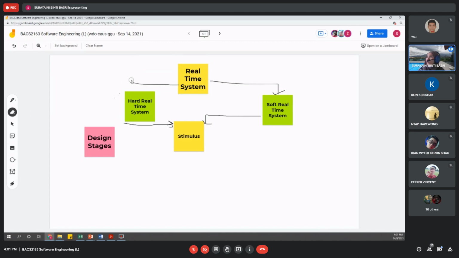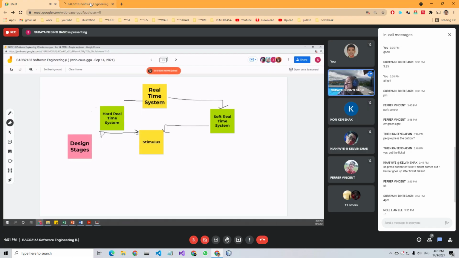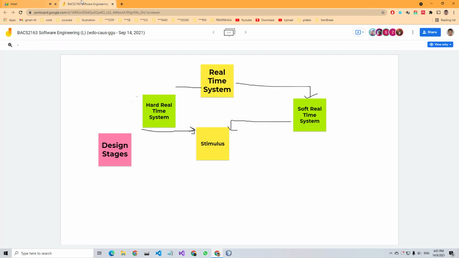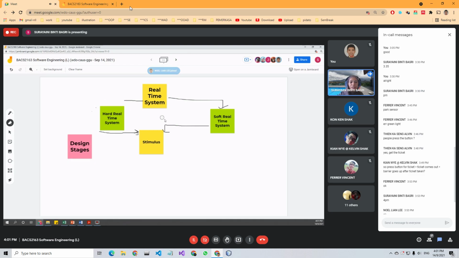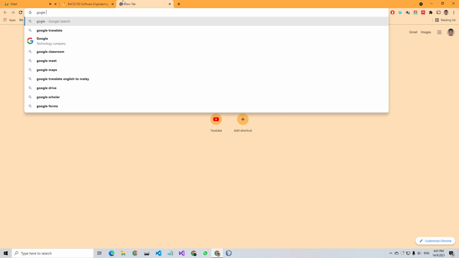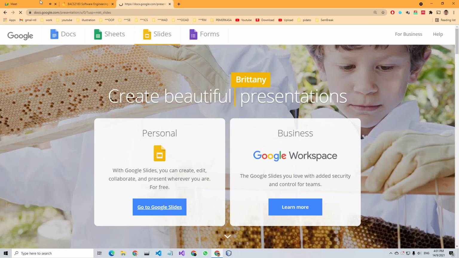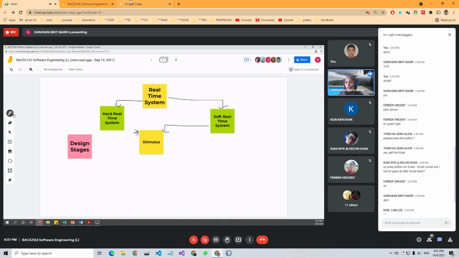Okay, as we all know, what we have learned today is real-time systems. A real-time system has two types, which are the hard real-time system and the soft real-time system. Both of these types will require a stimulus, because all real-time systems require a stimulus.